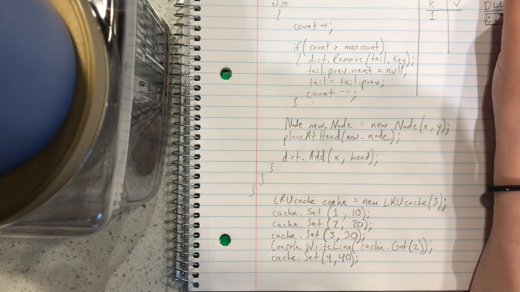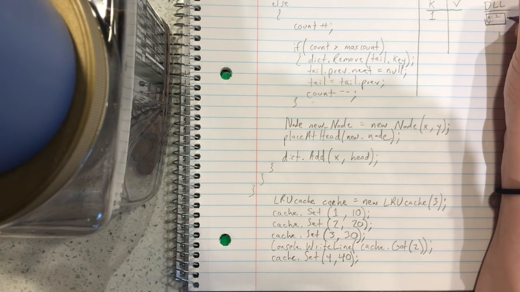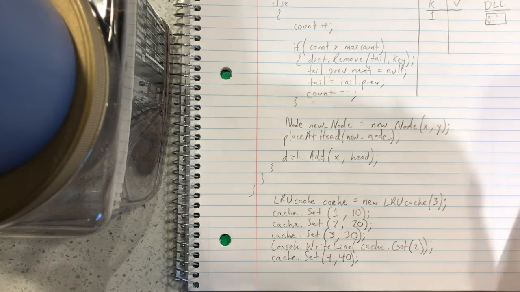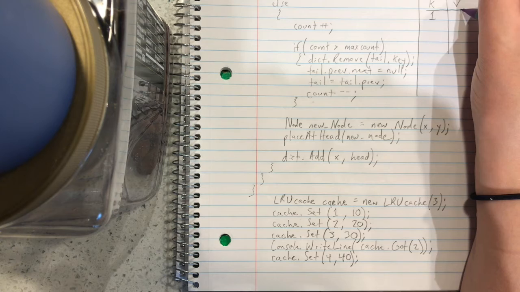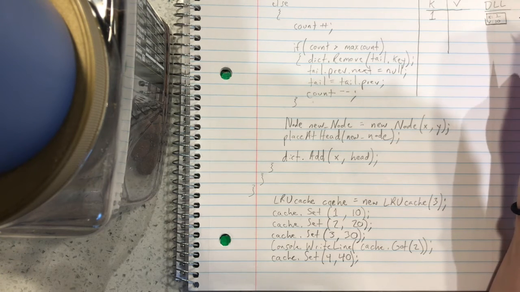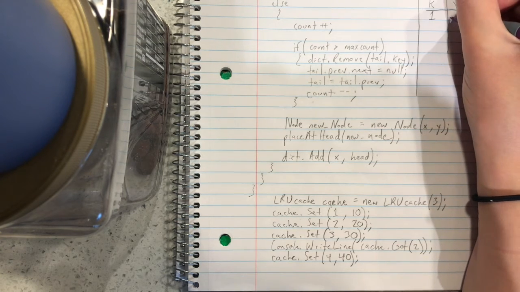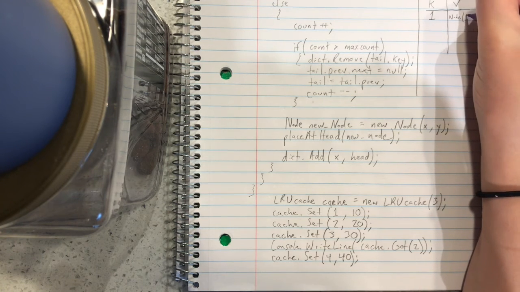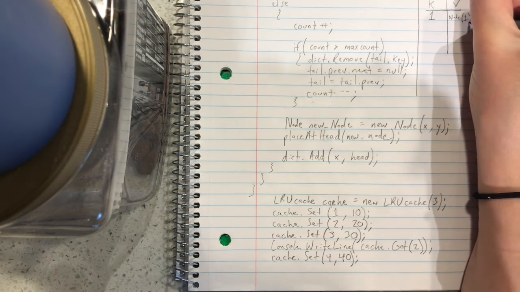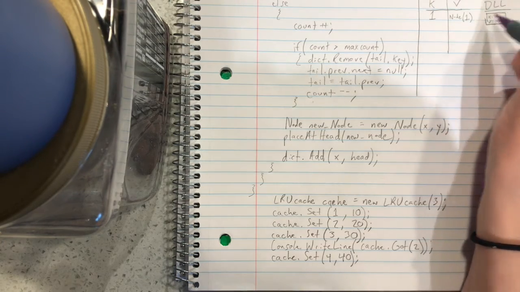Its key is stored as 1, value is stored as 10, and our value in our dictionary is the location of this node. So I'll represent that by showing the node of the key.